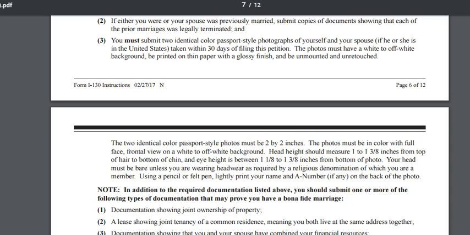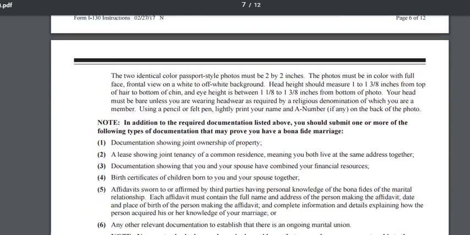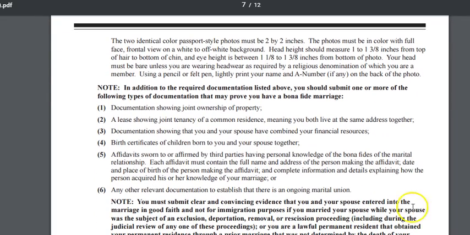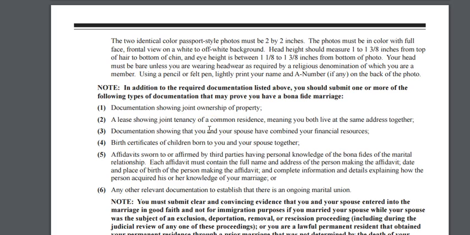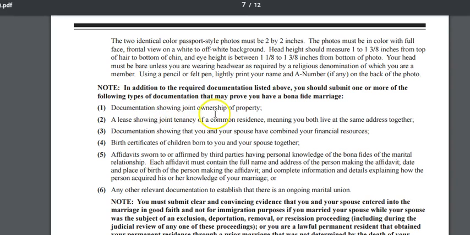Now let's keep on with documents for your spouse. They encourage you to submit one of the following. You don't need to submit all of them, but if you have them, you can submit them. That will give more proof of your relationship. I understand sometimes you don't have them. For example, documents showing joint ownership of property.